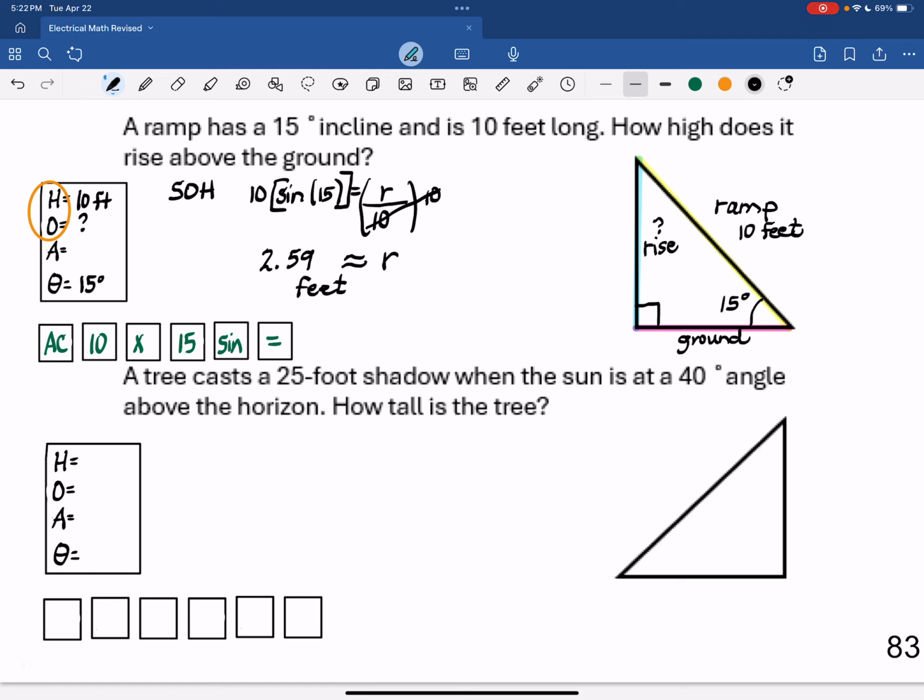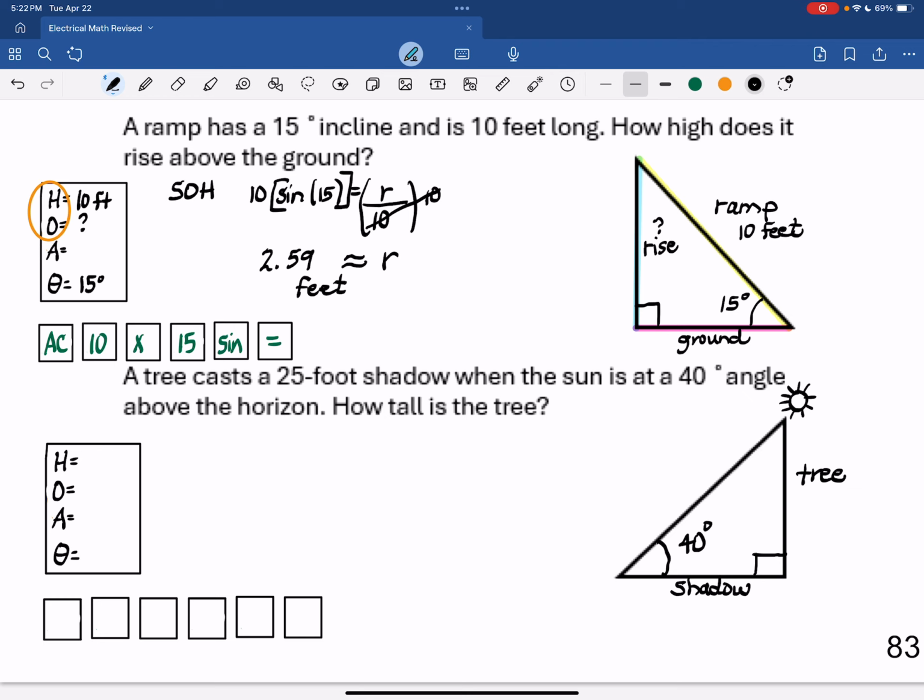A tree casts a 25-foot shadow when the sun is at a 40-degree angle above the horizon?